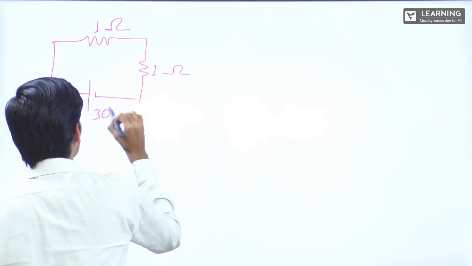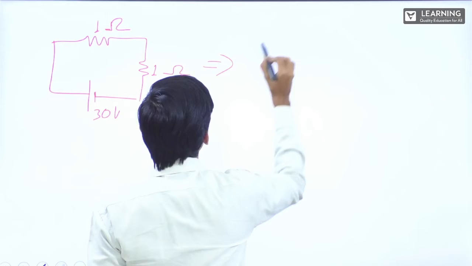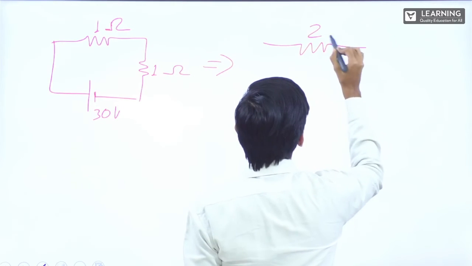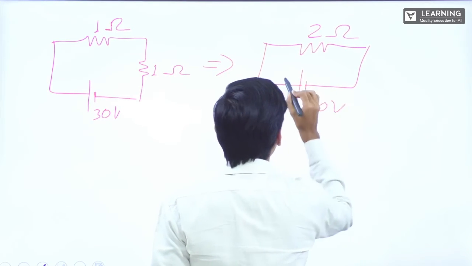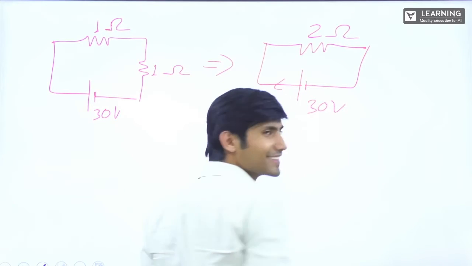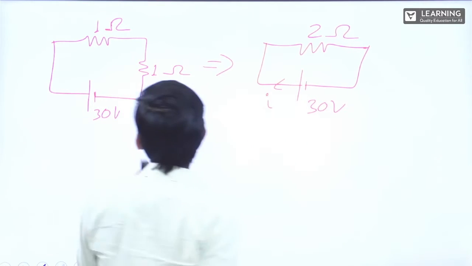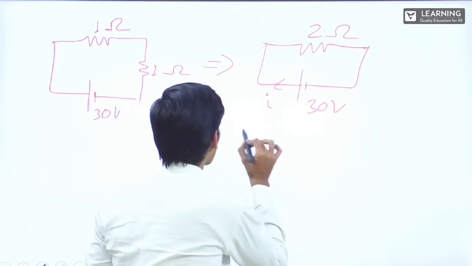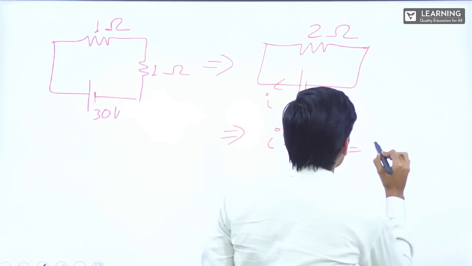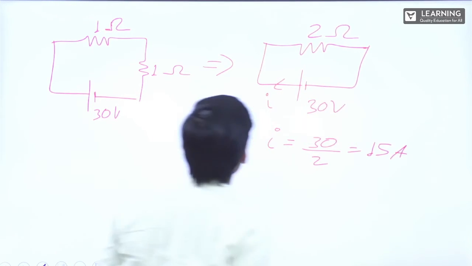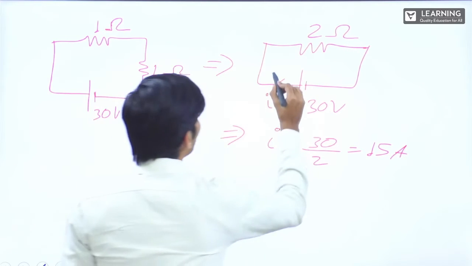This is 30 volt. Making the equivalent circuit for this, it will be 2 ohm. This is 30 volt. Current is I. Now can you solve this? Right? See, these two are in series. The sum is 2. I is equal to 30 upon 2, that is equal to 15 ampere. So 15 ampere current will be drawn from here.